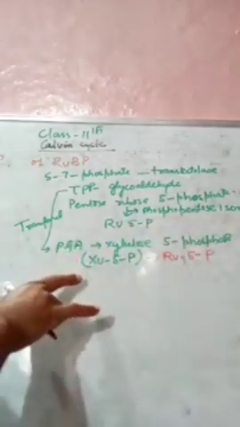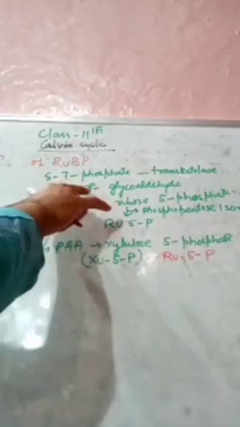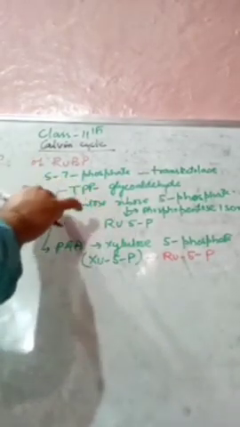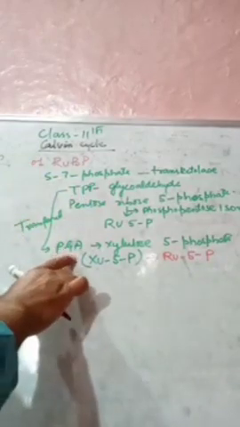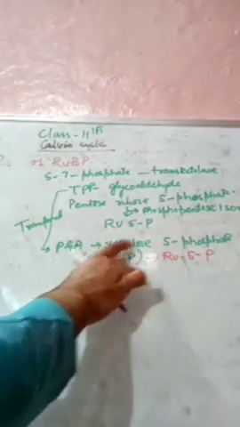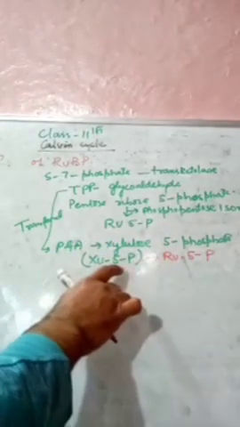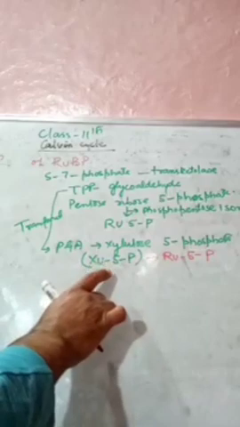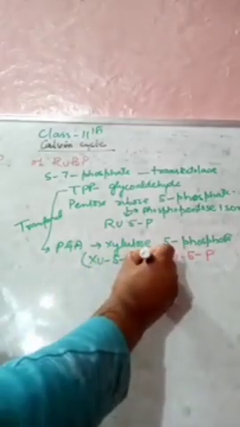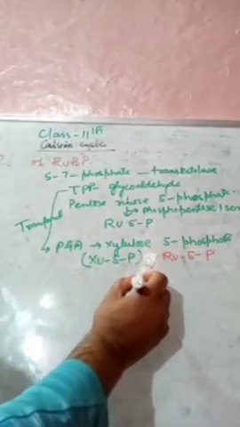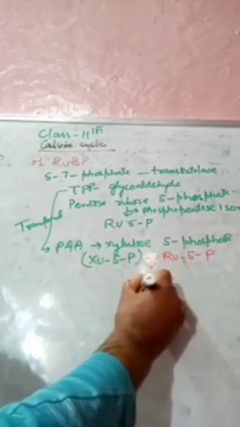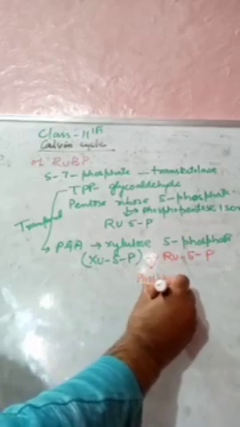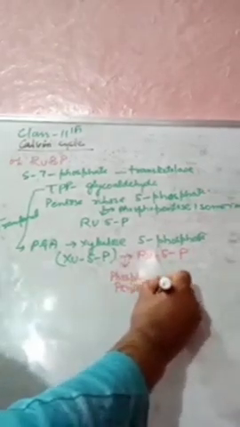So what we see is that this TPP glycoaldehyde is transferred to the PGA, forming xylulose 5-phosphate, which is converted into ribulose 5-phosphate by means of an enzyme, phosphopentose epimerase.